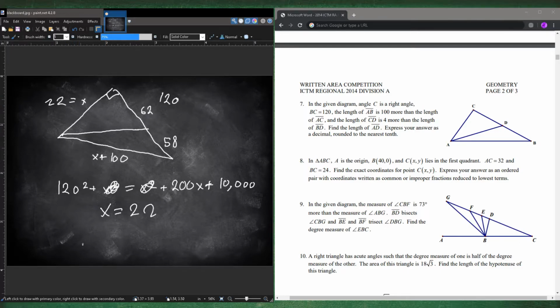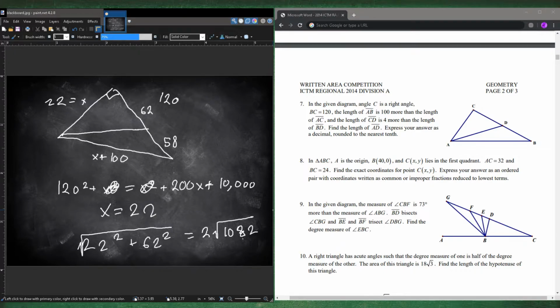So our hypotenuse is just 22 squared plus 62 squared. Take the square root. So 22 squared plus 62 squared is equal to 2 square root 1082.